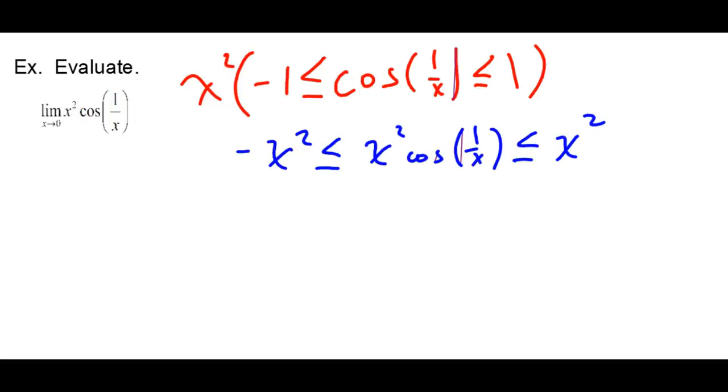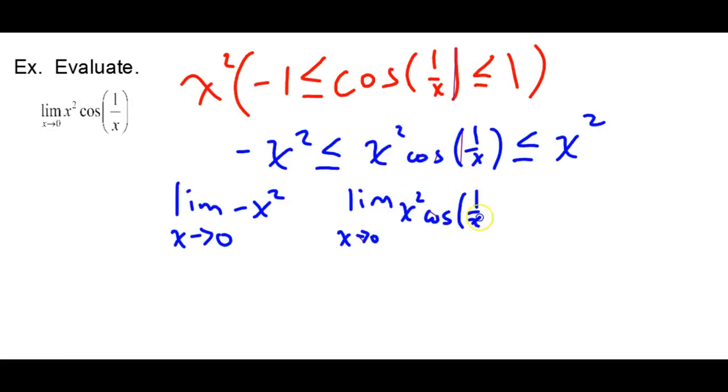Okay, now let's see if we can confirm our idea that the limit of this function should be approaching 0 as x approaches 0. What I'm going to do is take the limit of all three functions: the limit of -x squared as x approaches 0, the limit of x squared cosine 1 over x as x approaches 0, and the limit of x squared as x approaches 0.